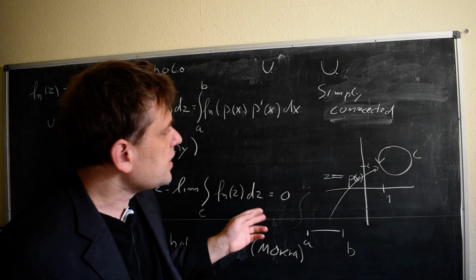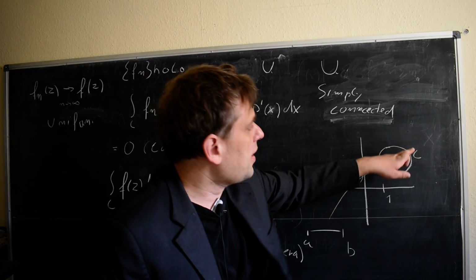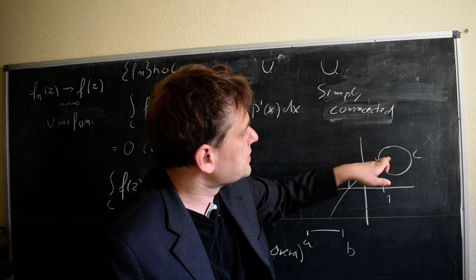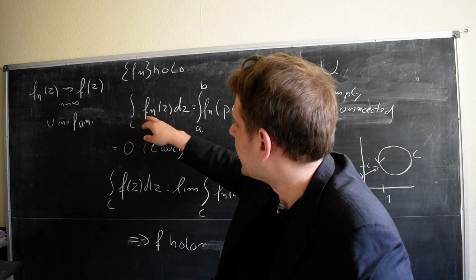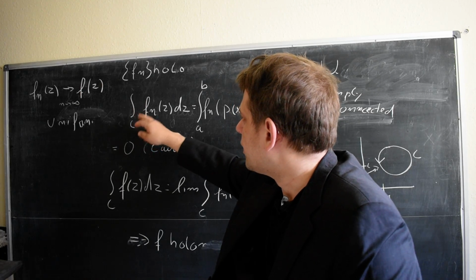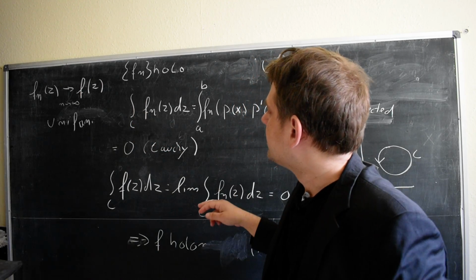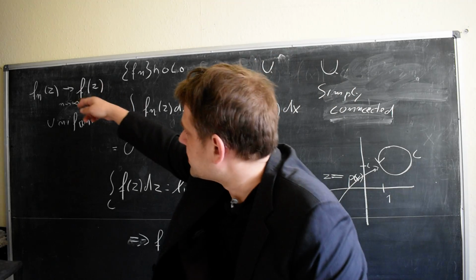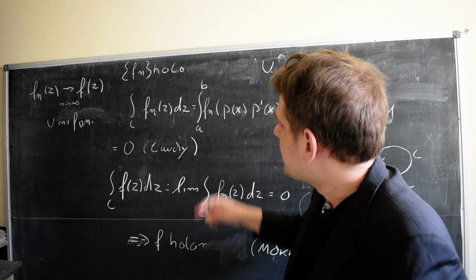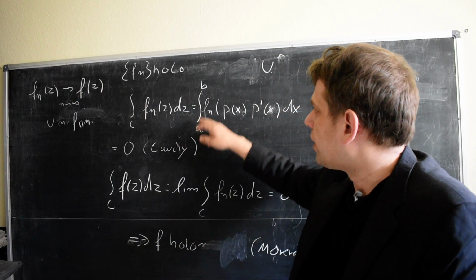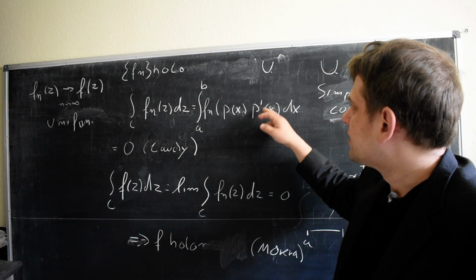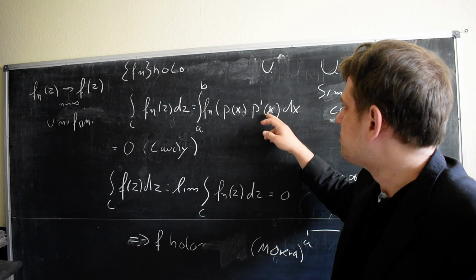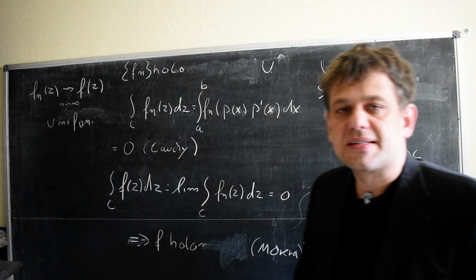So you can integrate around this contour C in this fashion, so that you can write the integral over C of fn, one of the functions in your sequence of functions, is the integral from a to b of fn(p(x)) times the derivative of p(x) dx.